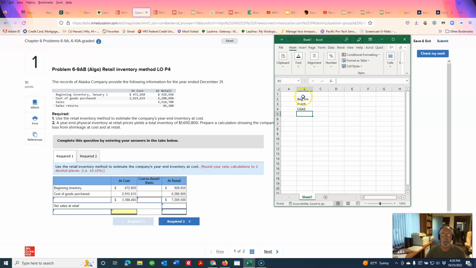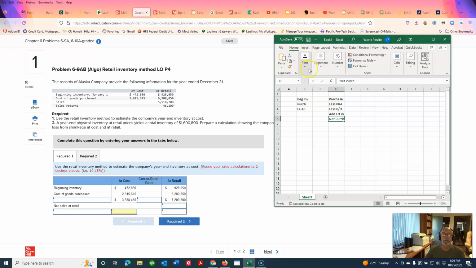Now, it's important to note that purchases include, of course, purchases, and we subtract purchase returns and allowances, less purchase discounts, and add freight or transportation in, and that gives us our net purchases.